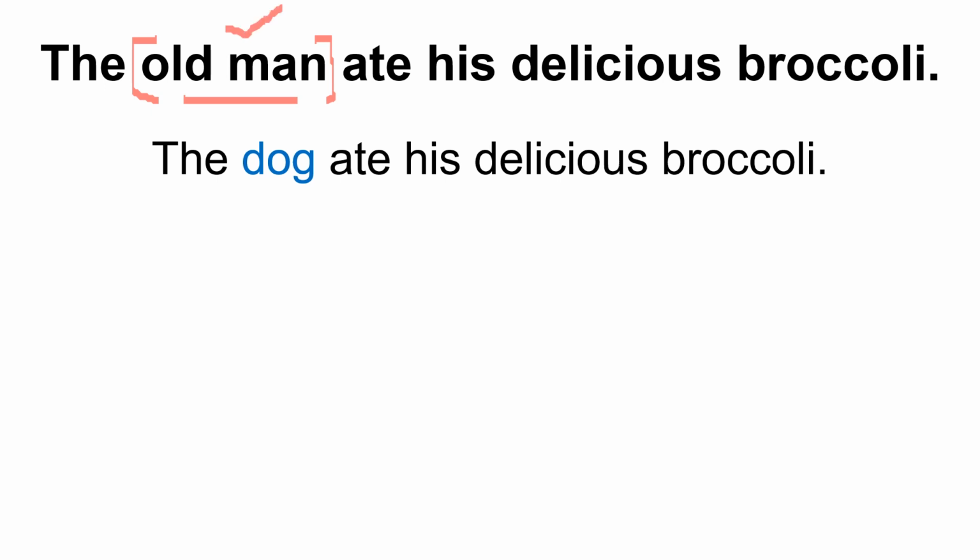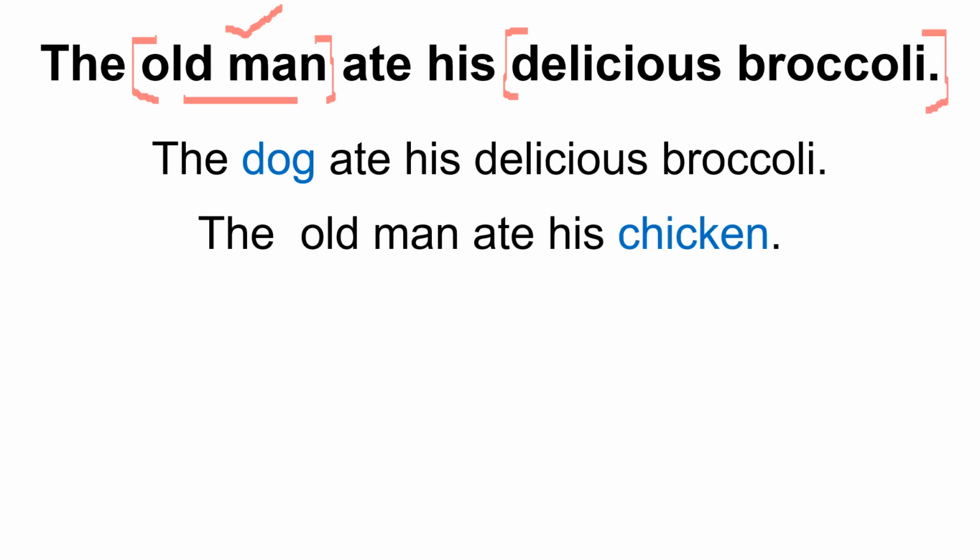Same as delicious broccoli. Let's replace it with chicken. And because we can replace the noun phrase delicious broccoli with another noun, we know that it is a constituent by the replacement test. So what else can we do here with this?